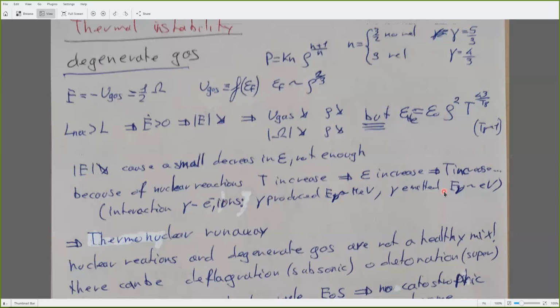This change is because the radiation and the matter interact with each other, thermalize and pass energy one to the other, and that causes the increase of temperature. This chain, because at the beginning the temperature just increases with the contraction, is passed directly from potential energy to internal energy.